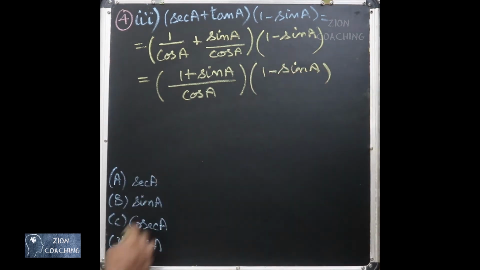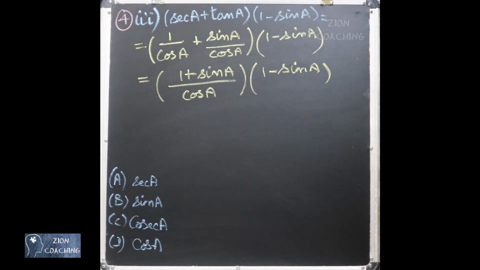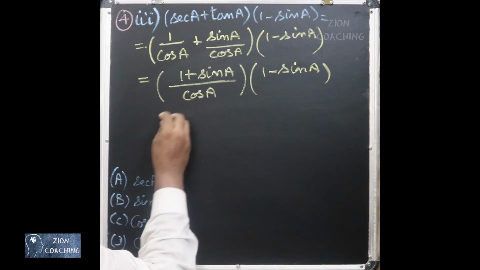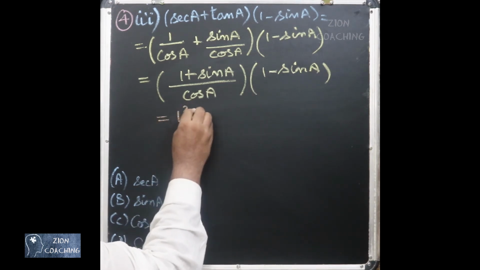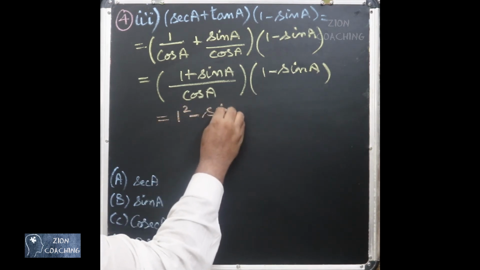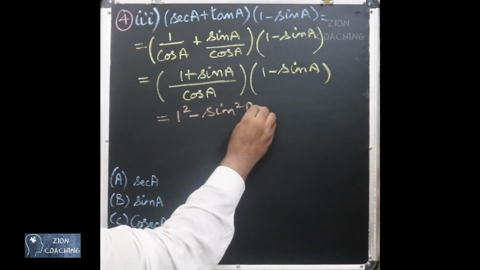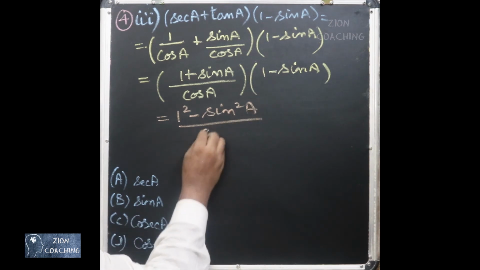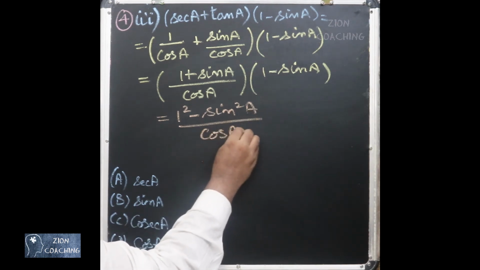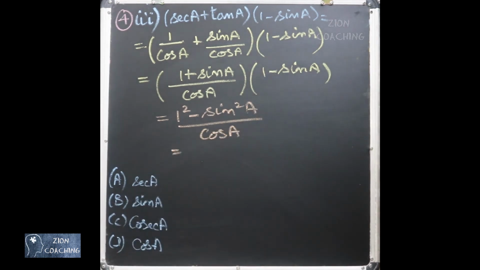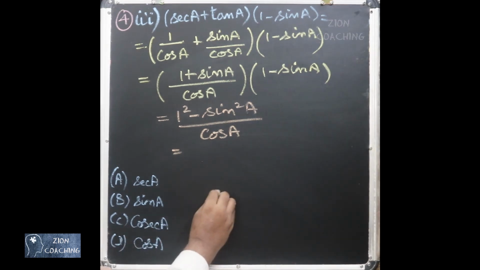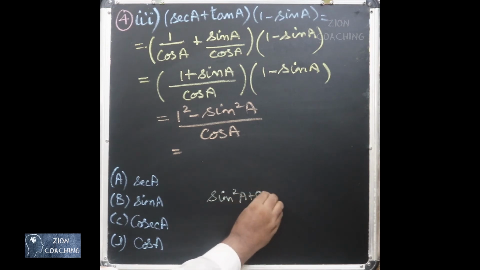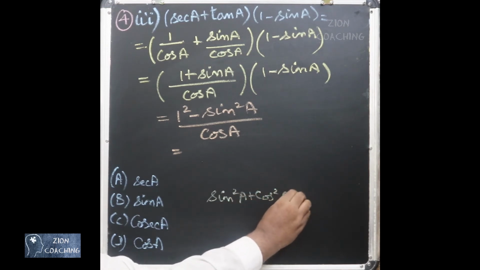So we are going to multiply. When you multiply, you can see that you have a plus b into a minus b, which is nothing but a squared minus b squared, by the denominator, there is only cos A. Cos A into 1 is cos A. So you have the identity sin squared A plus cos squared A equal to 1.